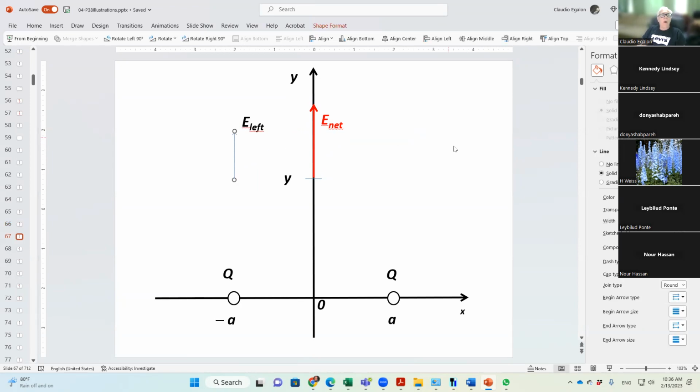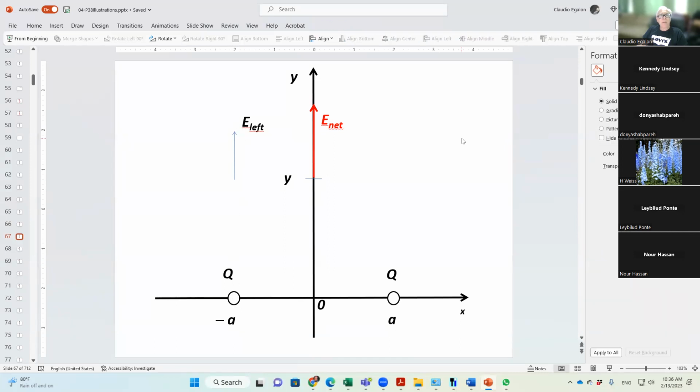Oh yeah, okay. What about here at this spot? Not at this spot along the axis, but at this spot right in here, a distance A from the y-axis, and just above this charge. How does the electric field look like? Okay, this one is a little bit more complicated than the other one. Why is that complicated?